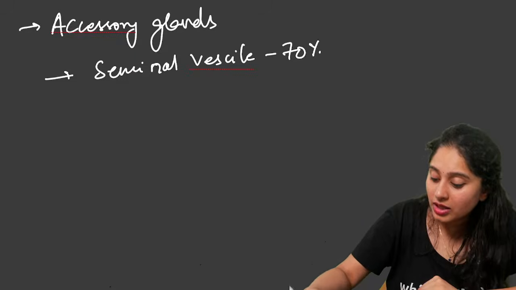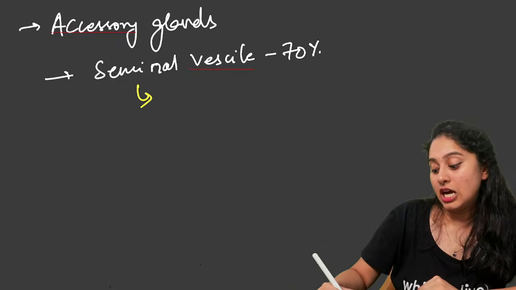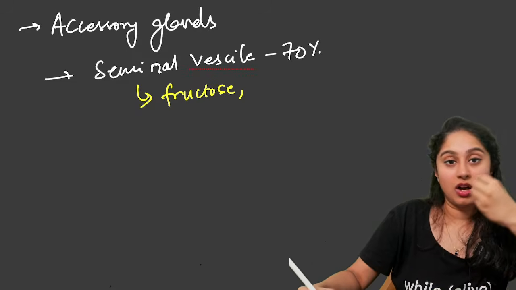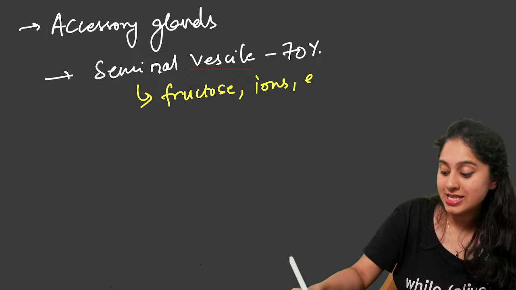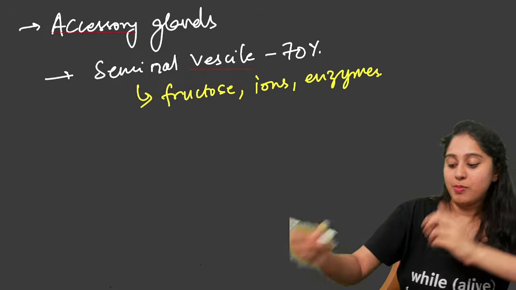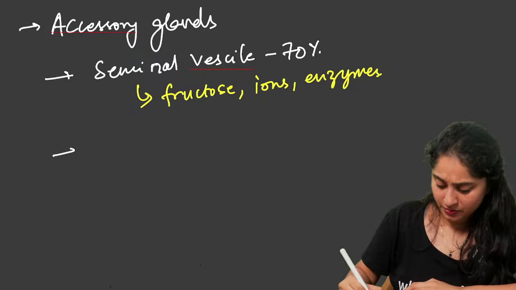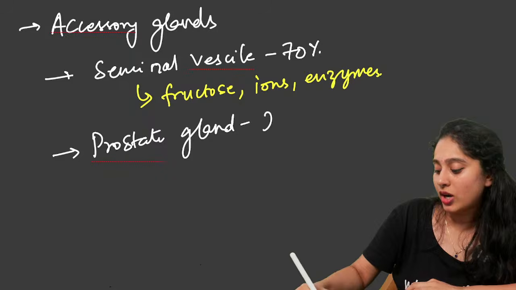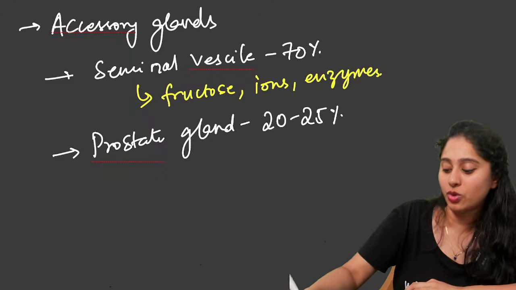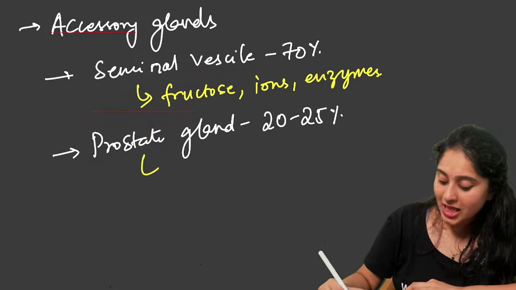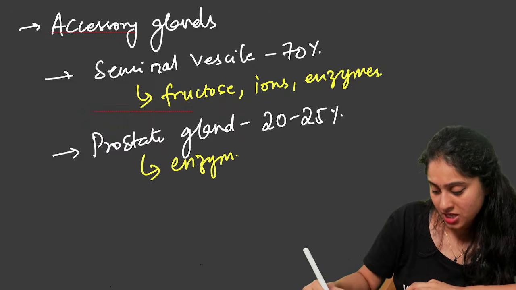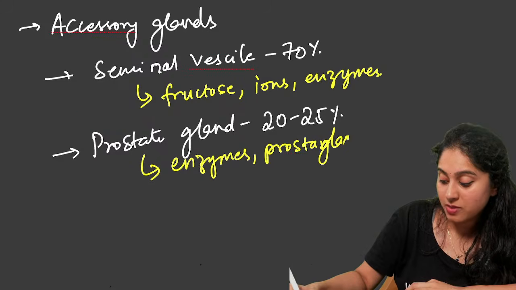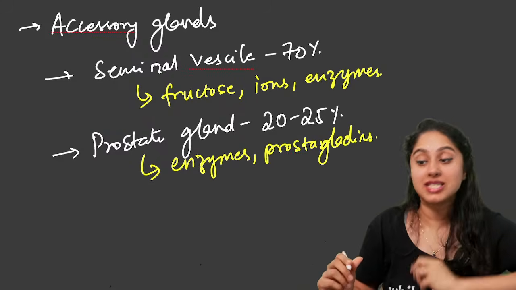It contains a lot of fructose, ions, and enzymes; all of this will be present inside this secretion. Then we have the prostate gland, which contributes about 20 to 25% of the total seminal plasma, and this gives some enzymes along with prostaglandins which can help the sperms to move inside the female's reproductive tract.